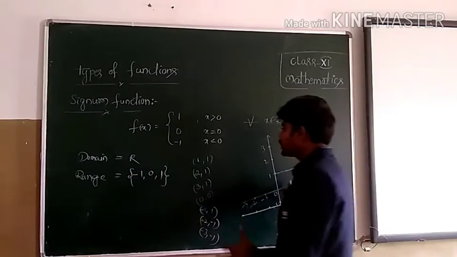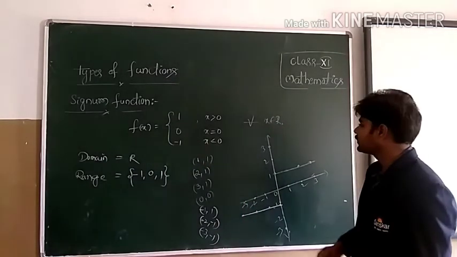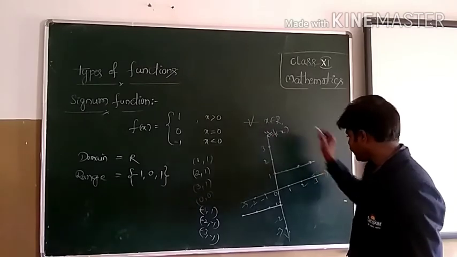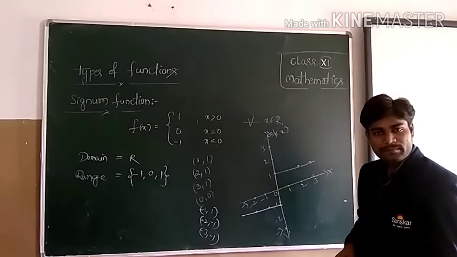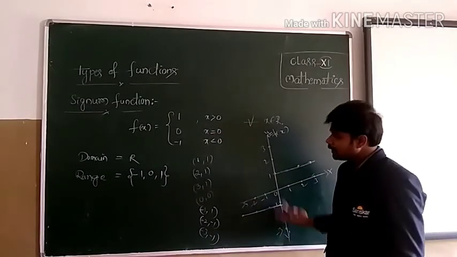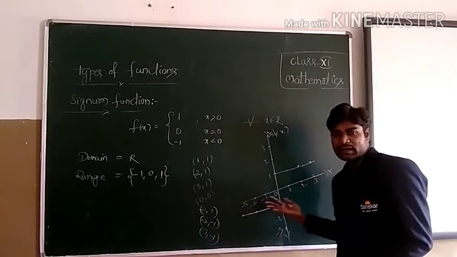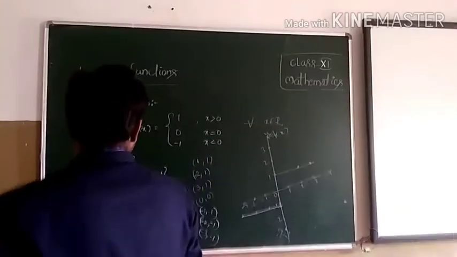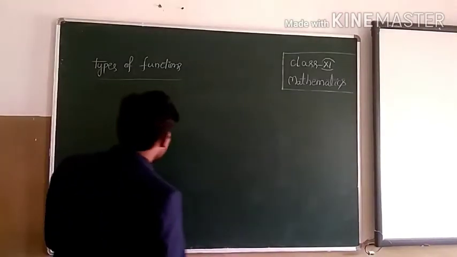So this is the graph of the signum function. This is f of x, meaning y is equal to f of x, and this is the x value. Clear? This represents the signum function, because based on these ordered pairs we can draw the graph like this. Okay? Next, we have some other functions.